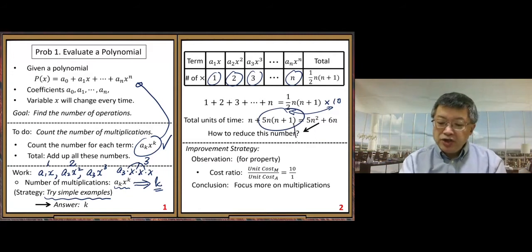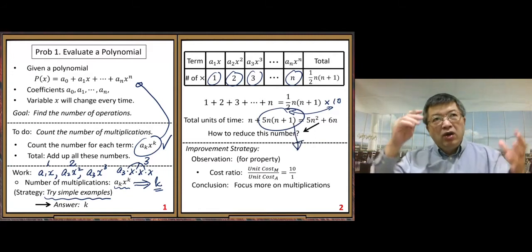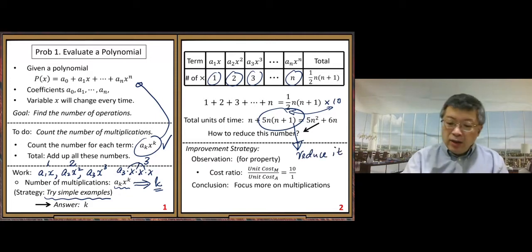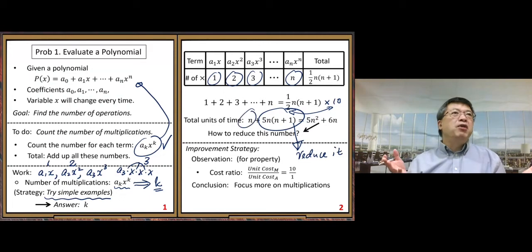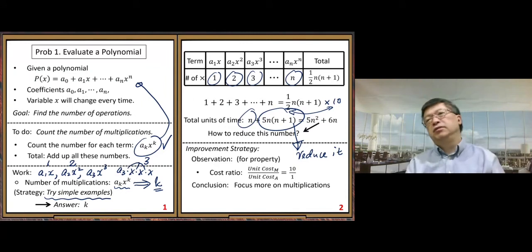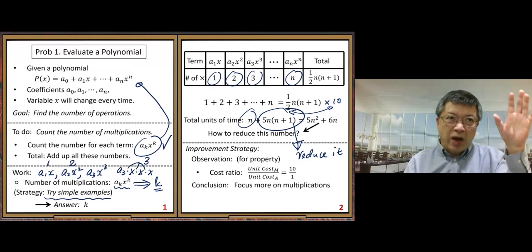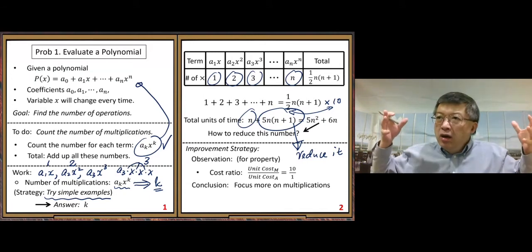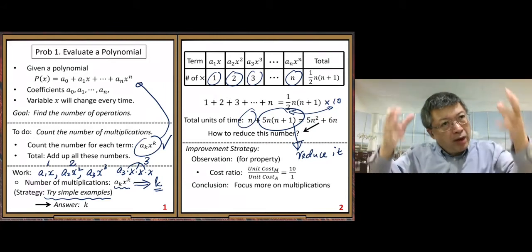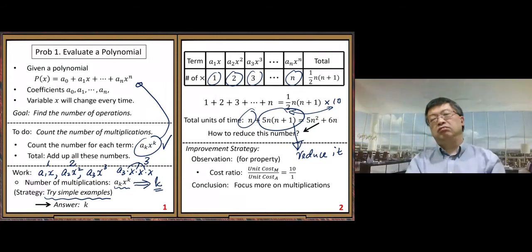There is much more room to do the improvement. Here you can see this number is much bigger. We have better chance to reduce it. Because our goal is to reduce this number. The first term is already a very small number. It is very hard to reduce it even more, right? So the natural conclusion in our strategy, put our effort on multiplication reduction.